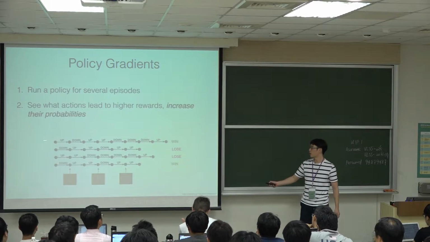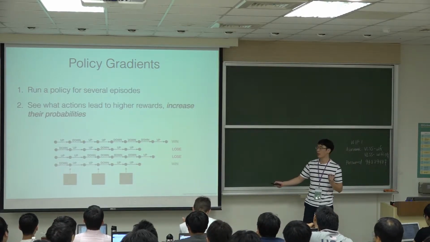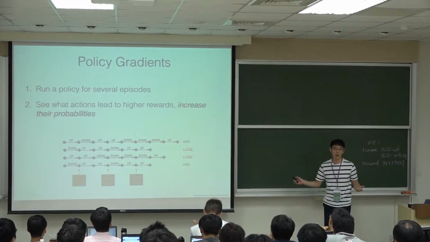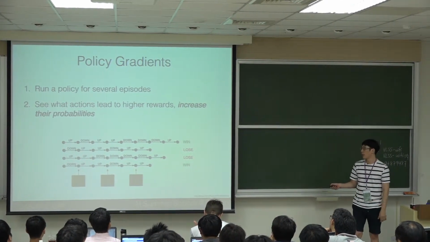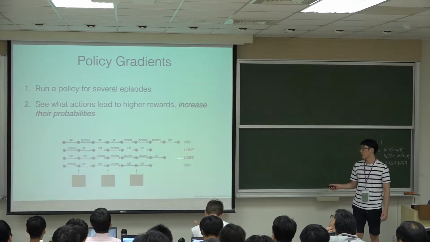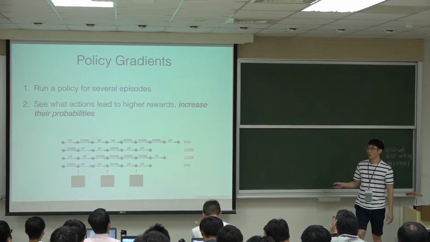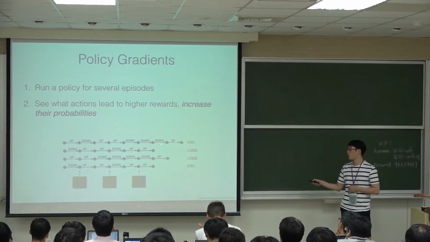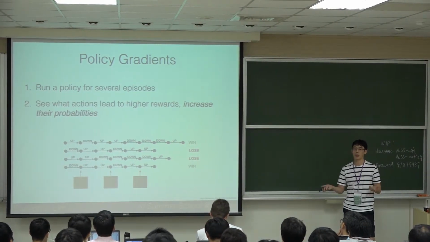So here, suppose you have one policy. With the current policy, let's say you went up, down, up, down, down, down, up, and you win. So you get the reward, win. And then you go down, up, down, up, and then you lose, and so on. So which one do you want to increase the probability of? Obviously, the first one and the fourth one, right? Because you win.